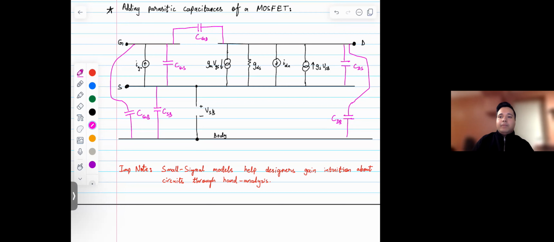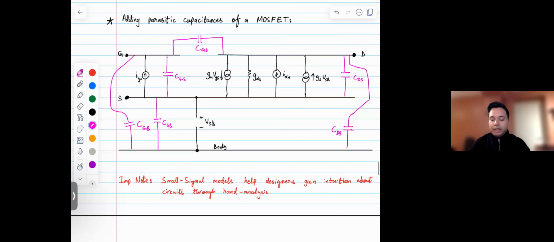This would be relevant for differential pairs as well, to get some intuition about them. This will be important for op amps as well. So in later videos, we'll be frequently replacing transistors with their small signal model equivalents and analyzing the circuit.